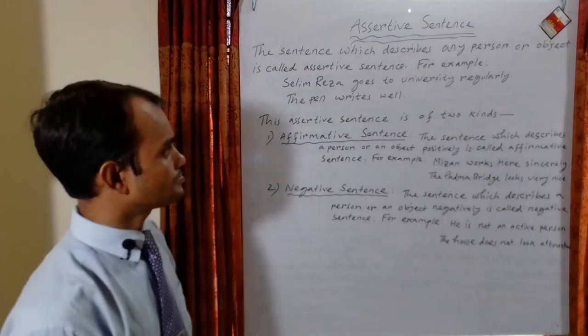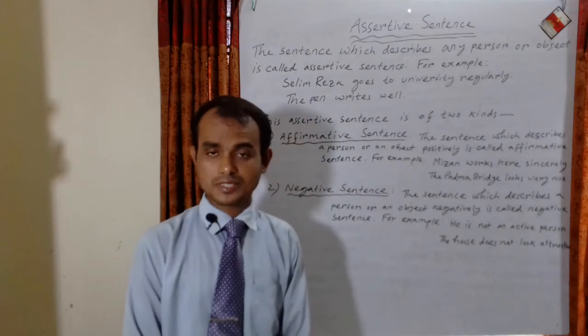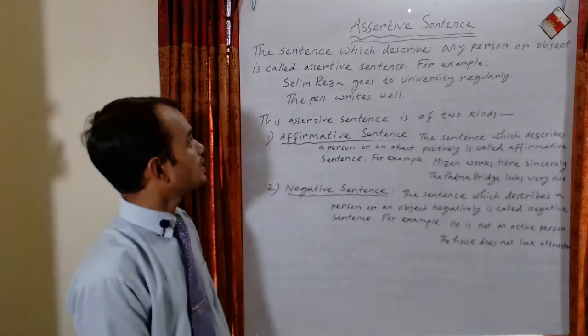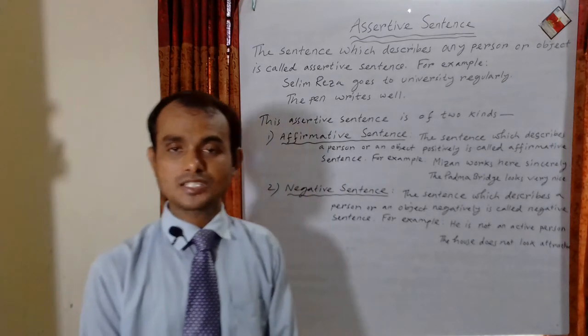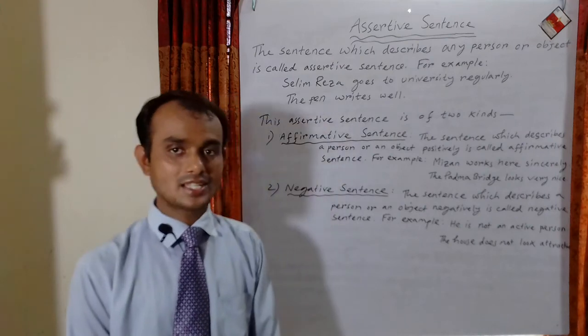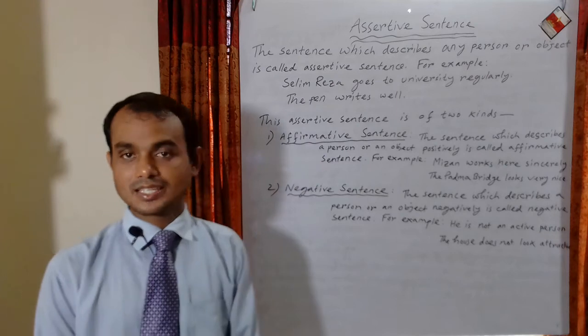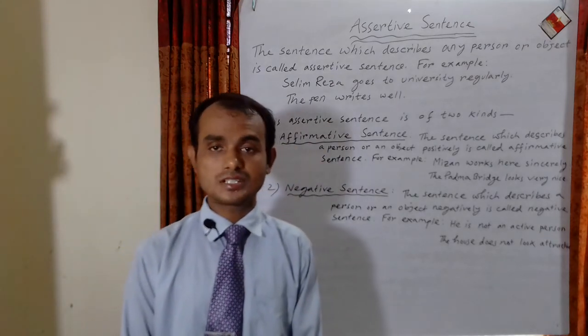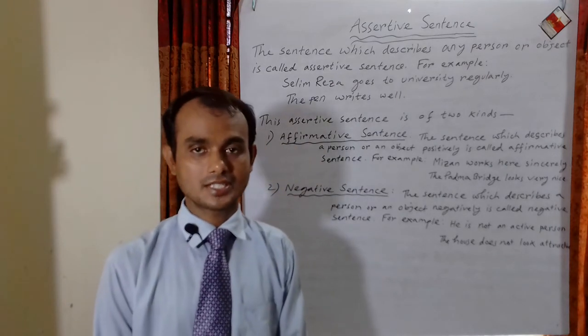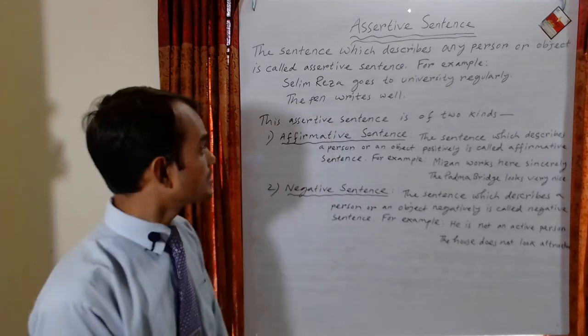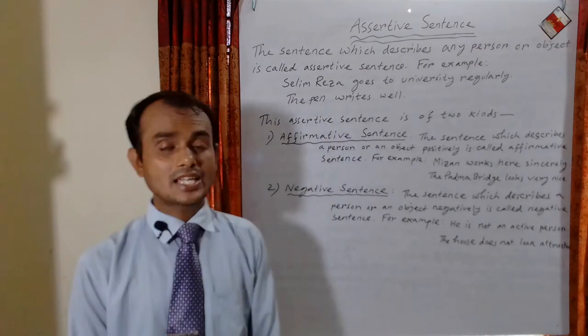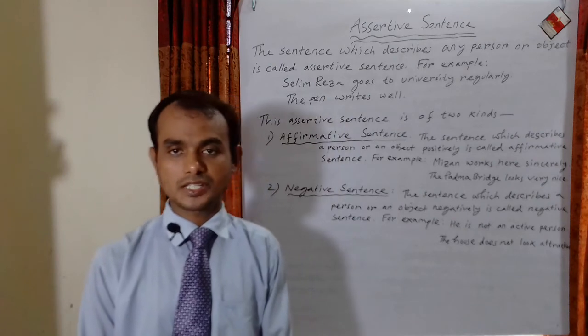Dear students, assertive sentence, I repeat, the sentence which describes any person or any object is called assertive sentence. It is also called statement or declarative sentence. For example, Salim Raja goes to university regularly.